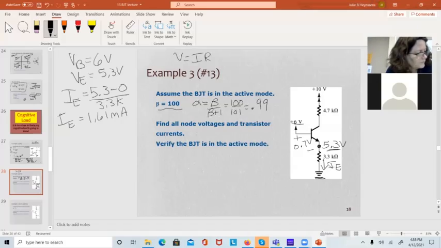And alpha was defined as being IC over IE. So I've got IE. I know that IC is going to equal 0.99 IE. And we can plug those numbers in, and our IC is 1.59 milliamps.